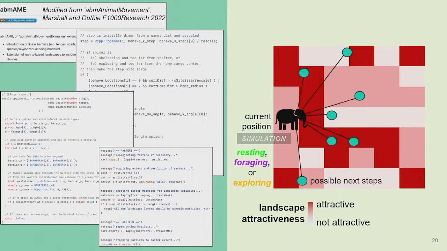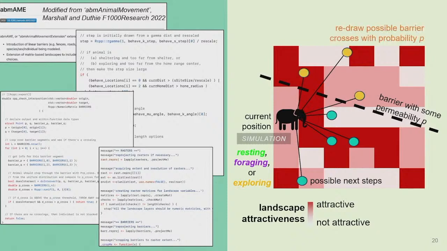Then we choose, again, those random points on the landscape and add in all of our fencing data. For some of these elephants, let's say this fence is permeable, the elephants might be able to cross some of the time. We're going to take that permeability and turn it into a probability of throwing out some of these points. So we throw out one of the points and redraw, and then have the elephant actually select a point on the landscape.